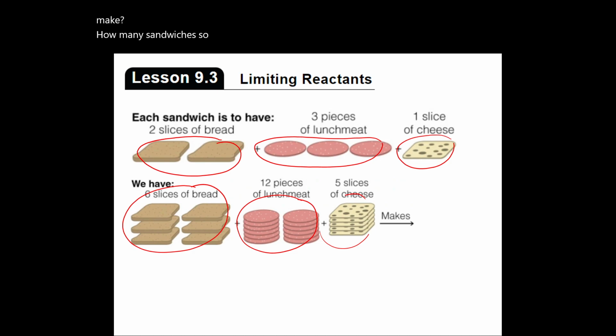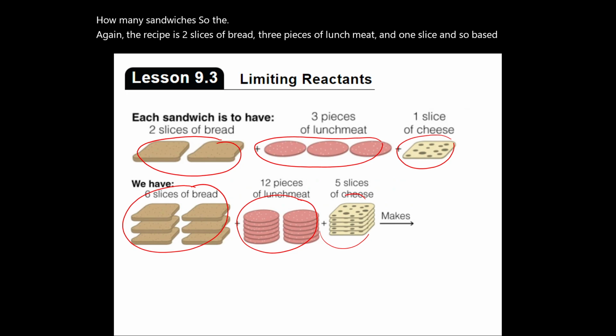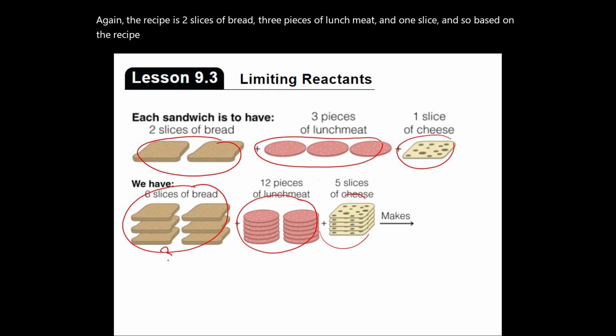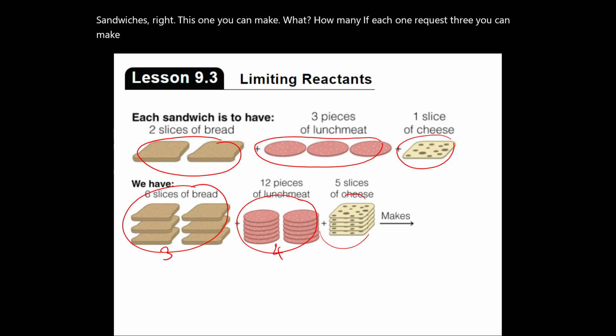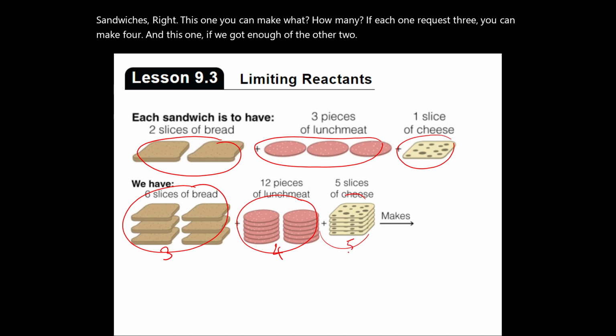Again, the recipe is 2 slices of bread, 3 pieces of lunch meat, and 1 slice of cheese. Based on the recipe, with the bread you can make 3 sandwiches. With the lunch meat, if each one requires 3, you can make 4. And with the cheese, you can make 5.